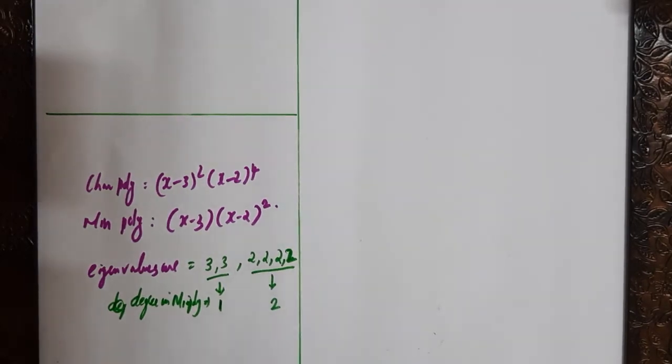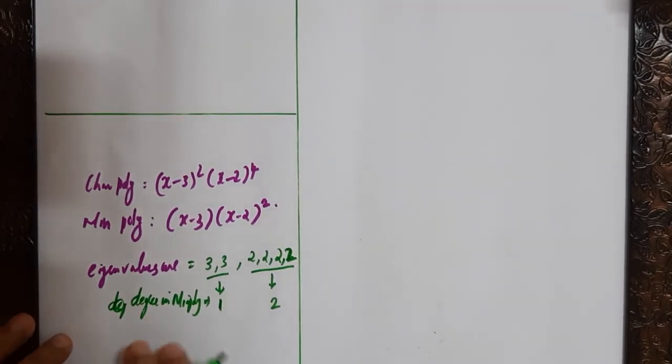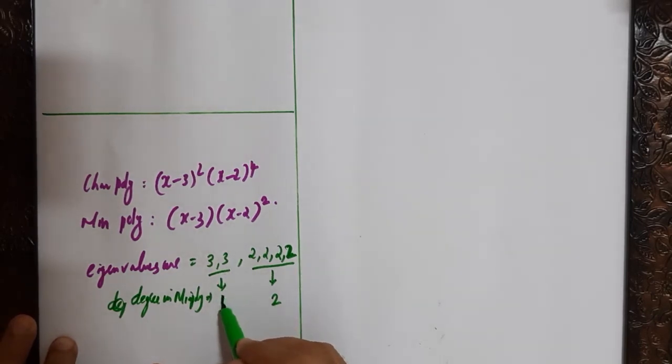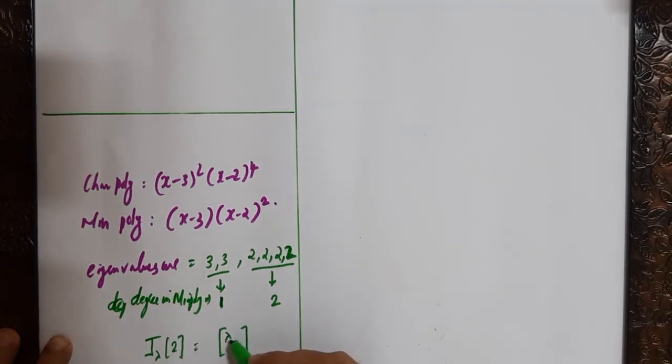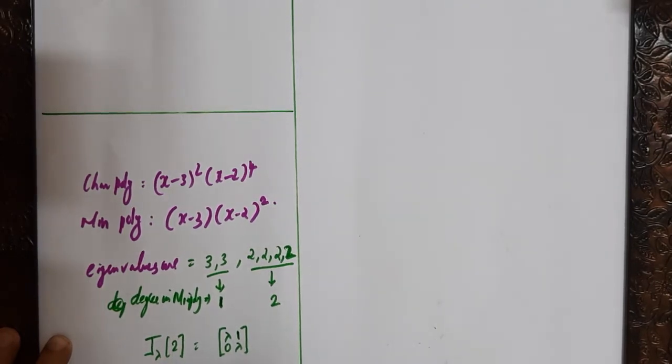Now Jordan block: with the Jordan block J lambda of dimension 2, the block is of the form lambda, 1, 0, lambda, and with the Jordan block of dimension 1, it is lambda itself.